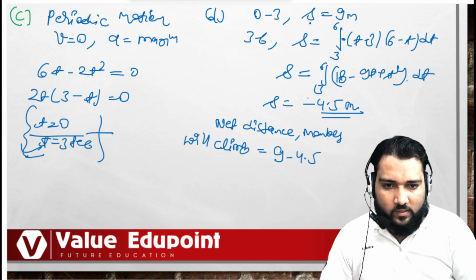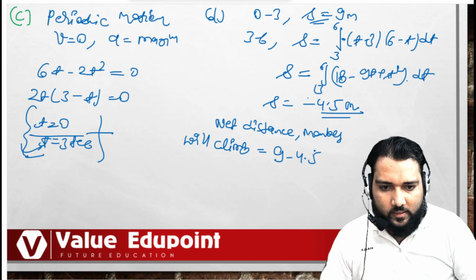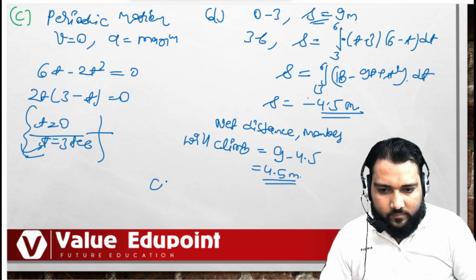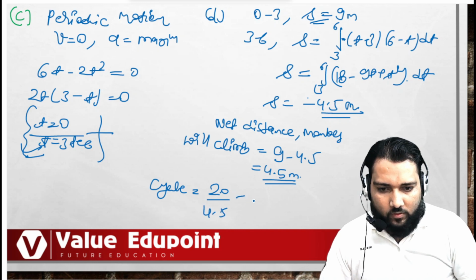In the first 3 seconds he climbed 9 meters, then again slips 4.5 meters, so the net is 4.5 meters. Now, what about the cycle? The total distance is 20 meters, and in one cycle he climbs 4.5 meters. That comes out to be 4.44, so approximately 5 cycles will come.